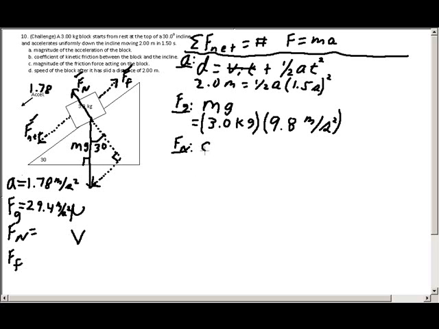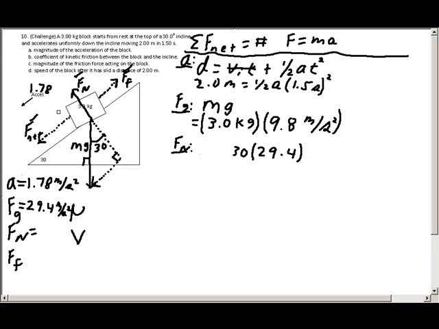Therefore, sine 30 times the force due to gravity, which is 29.4, that's going to give me the normal force. But Mr. Kurth, you are a foolish man. You said cosine, but in fact you wrote sine.